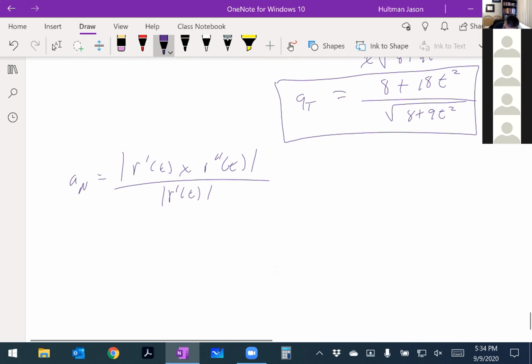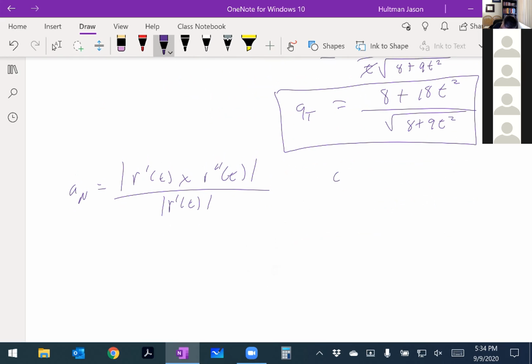Okay, so let's do the cross product. So i, j, k. Okay, what was r prime of t? That was 2t, 2t, and 3t squared. What was r double prime? That was 2, 2, and 6t. Okay, so let's figure out what this is going to be.